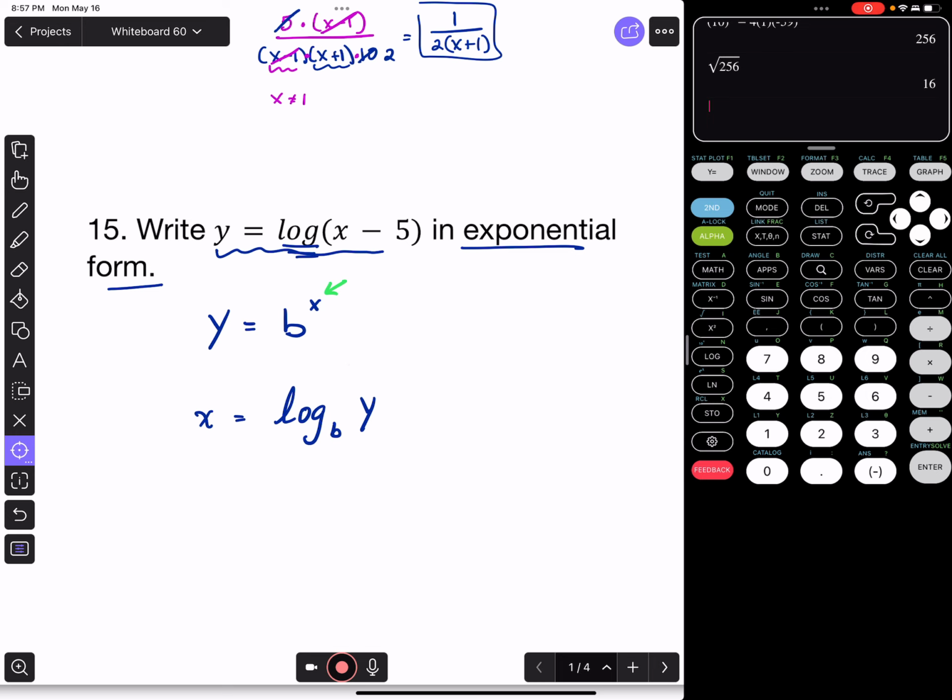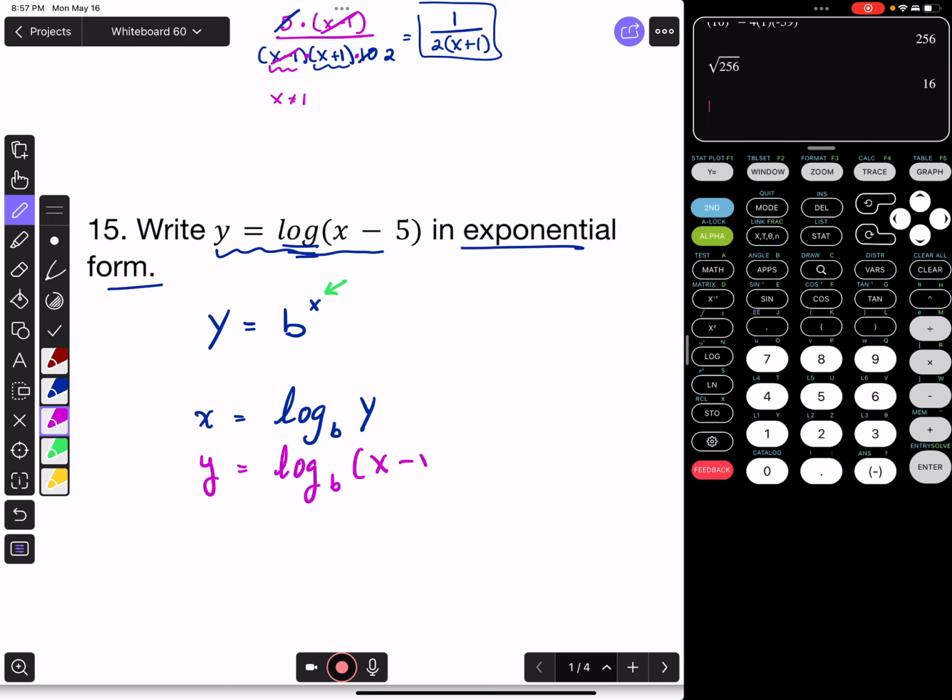Okay, so let's go ahead and I'm going to take this, I'm going to put it right by this equation we have here so we can compare parts. Now, we have to think about what we're moving in terms of location. x minus 5.